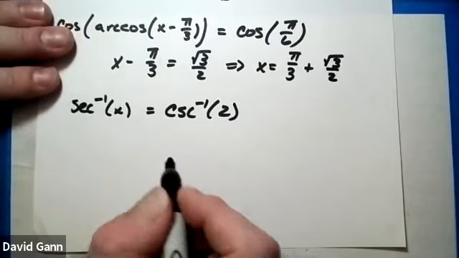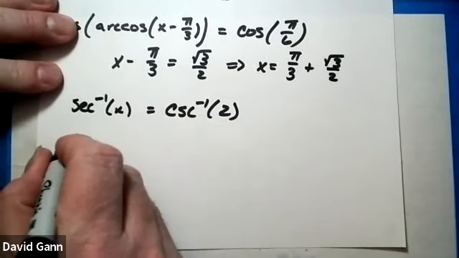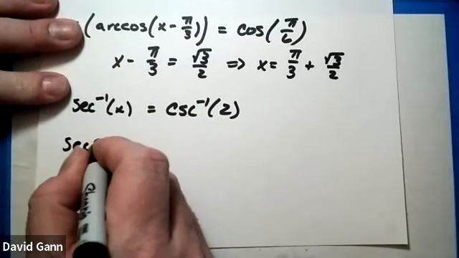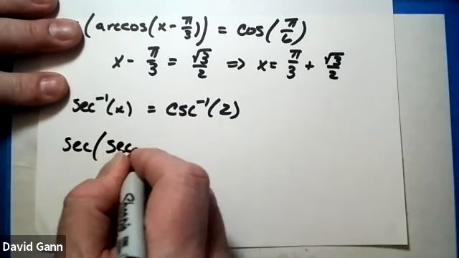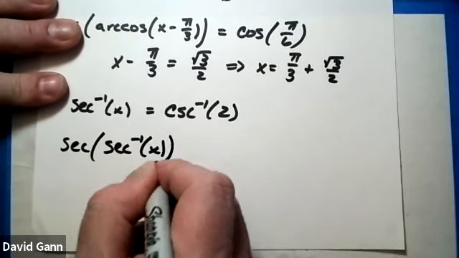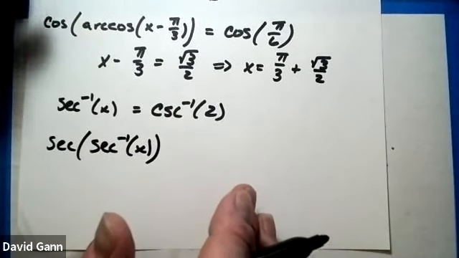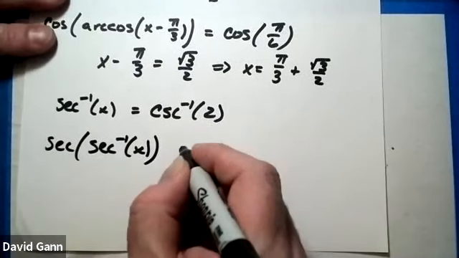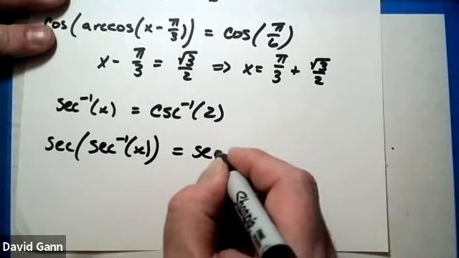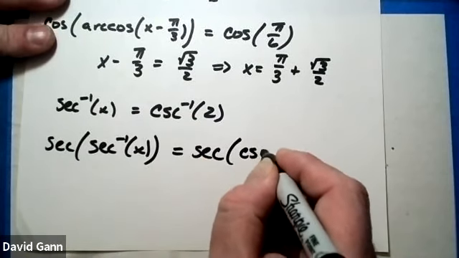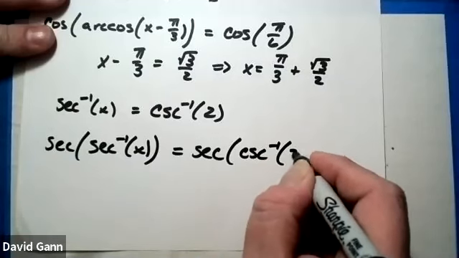And so the strategy here is to say, okay, I'm going to take the secant of the inverse secant of x, and we know that this always works as long as that's in the range, and it will be. And now on the other side, we have the secant of the inverse cosecant of 2.